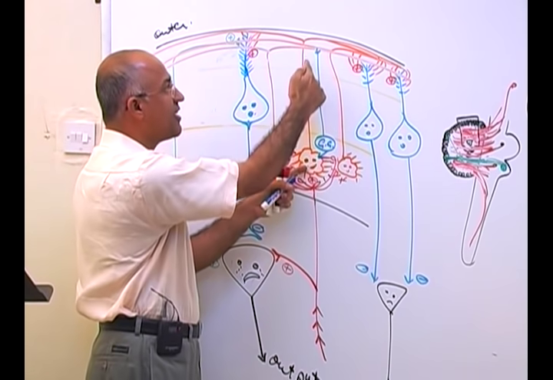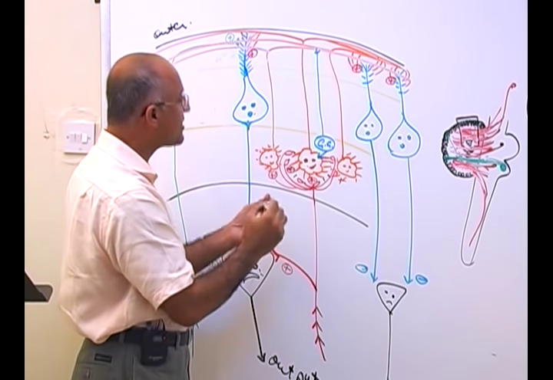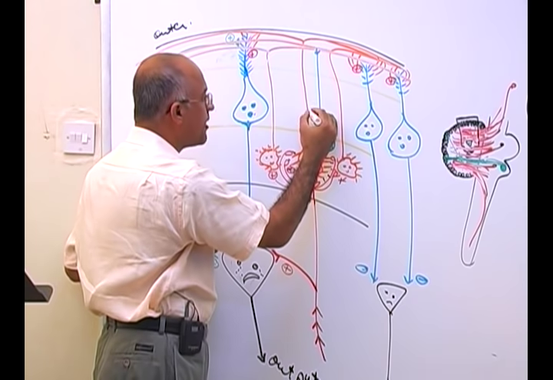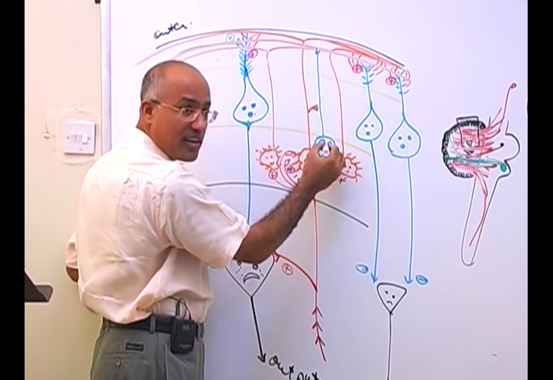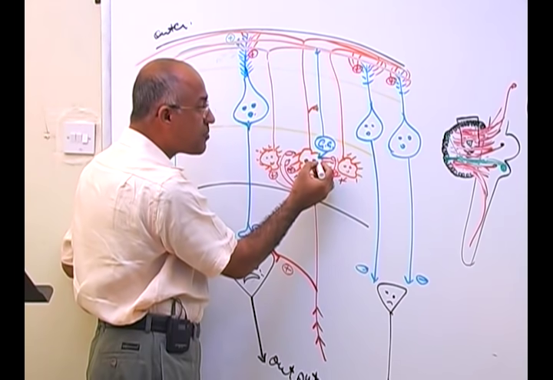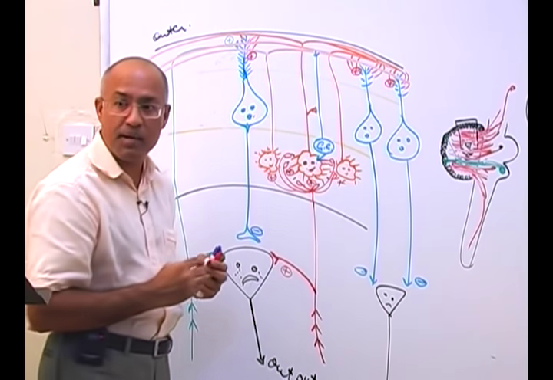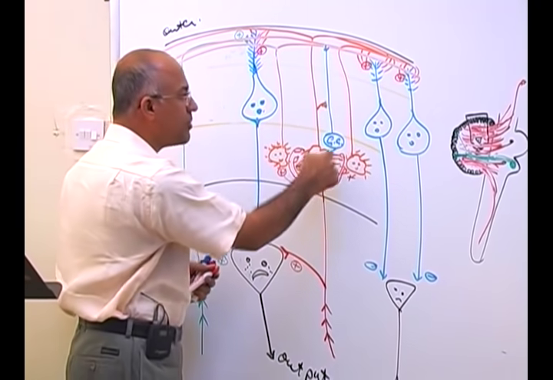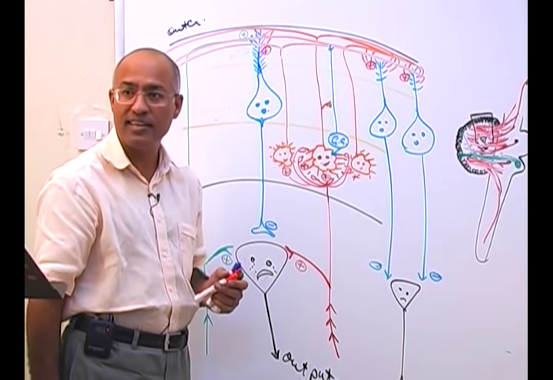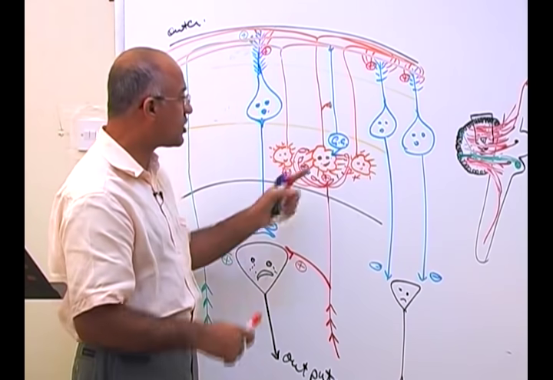Granular cell fires. On the way, when the granular cell is going to stimulate the Purkinje, it also stimulates, what is this cell? Golgi cell. And Golgi cell releases gamma aminobutyric acid on the granular cell. It means this is an auto-inhibitory system.